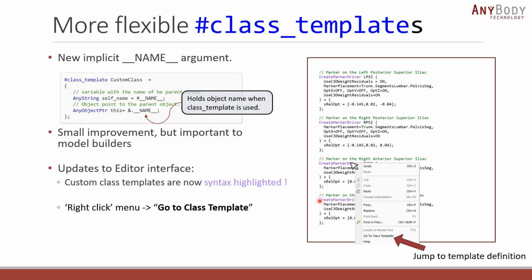Another thing is that you can right-click these highlighted purple class templates and select the option Go to Class Template, and that would immediately jump to the place where the class templates are defined. So hopefully that should also make it a little bit easier to work with class templates.